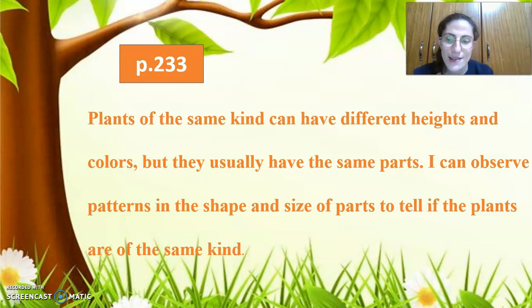Clear? So far so good? Good. And as we said, they might have different heights and different colors, but if they have the same shape of the different parts, this means that they are both the same kind of plant. Clear? We move on.